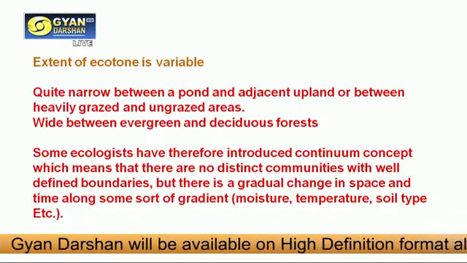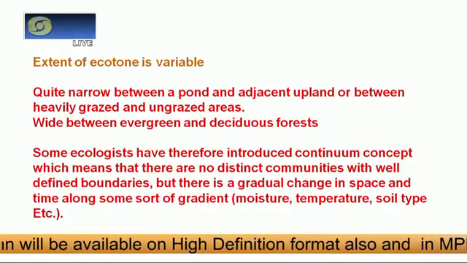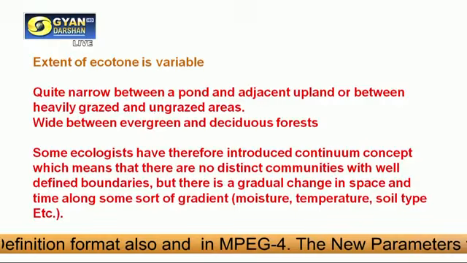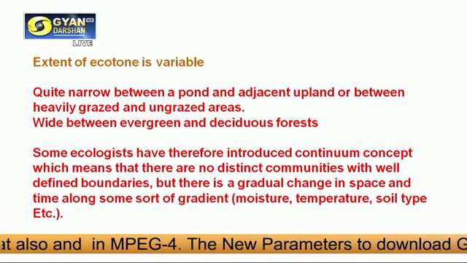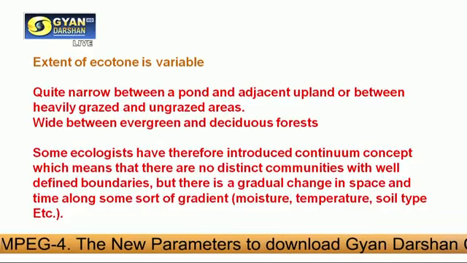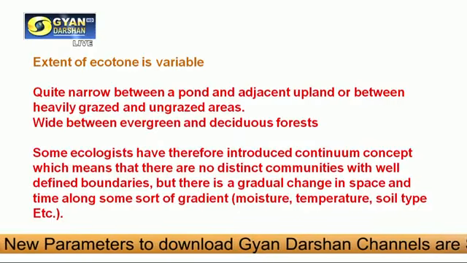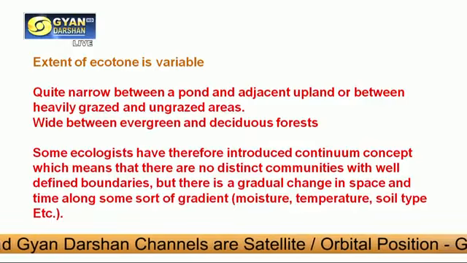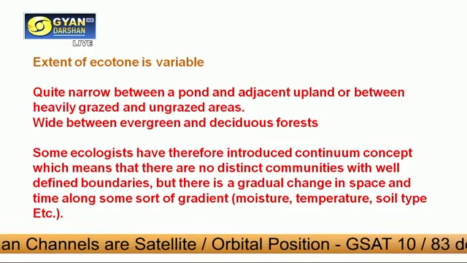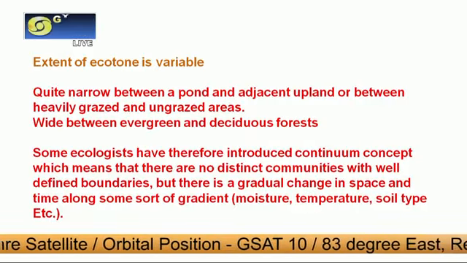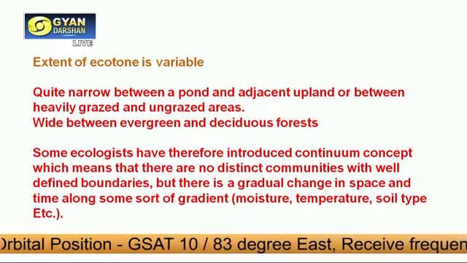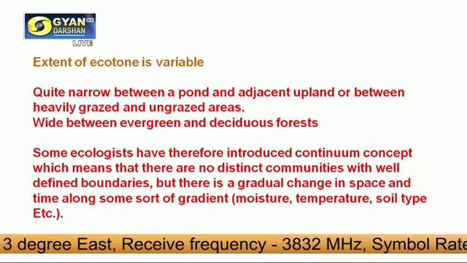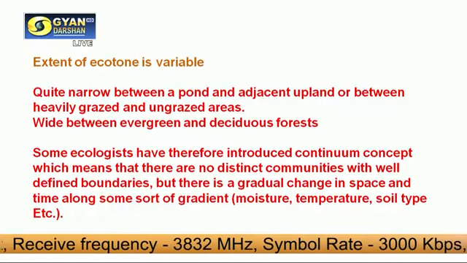But if you talk of evergreen forest and deciduous forest, the ecotone is wide. Therefore, some ecologists have introduced the continuum concept, which means that there are no distinct communities with well-defined boundaries. But there is a gradual change in space and time along some sort of gradient, moisture, temperature, soil, and such gradient is very common in plants.